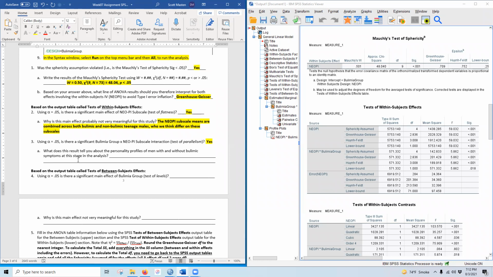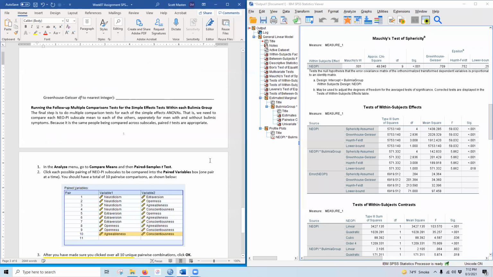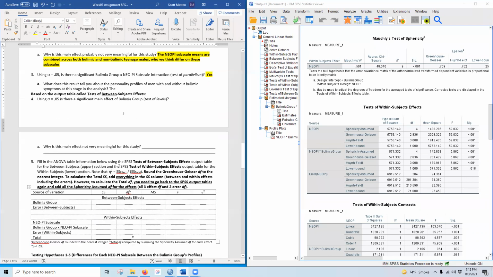Right, so that's a really complicated way of saying the profiles of the bulimic and non-bulimic males differ. At least one subscale differs. So that'd be another way to say it. So I'm going to write something like that, simple and easy. What did I do?